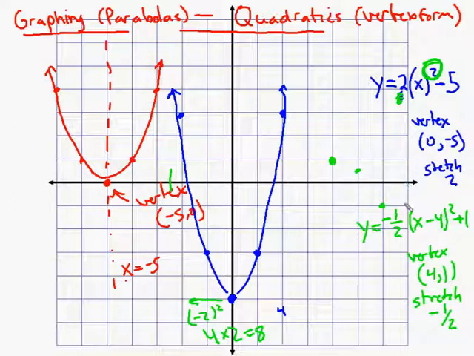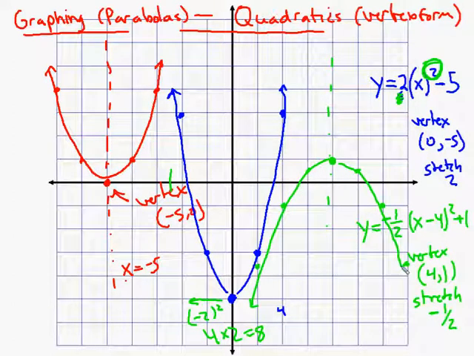So 1, 2, 3, 4, 1/2. Now this is my axis of symmetry, right? So all of these points should mirror. And I connect with a nice curved line. And that's that one in green.